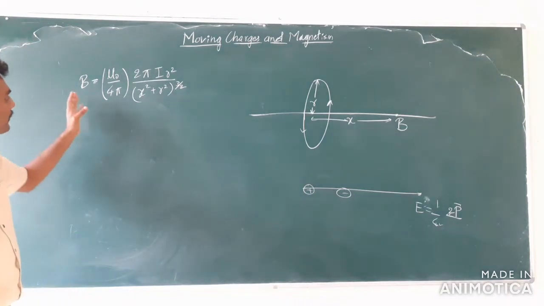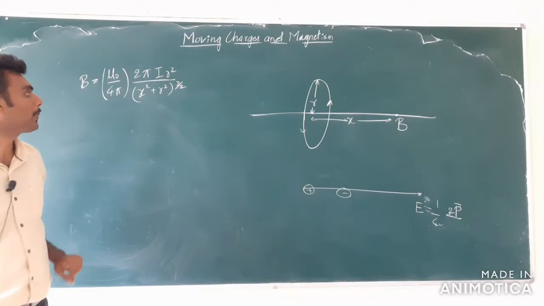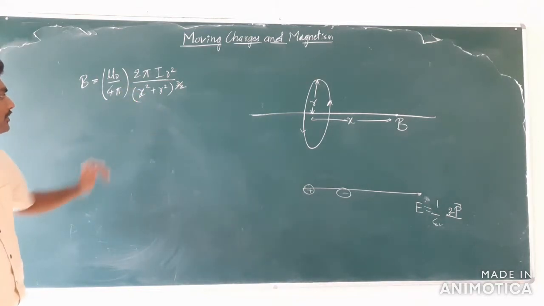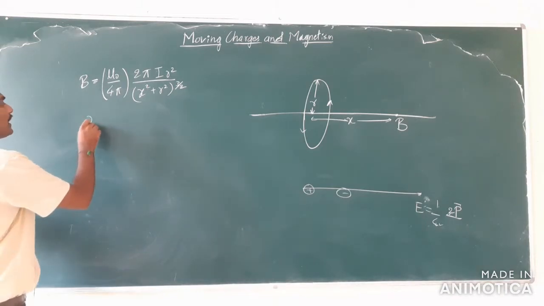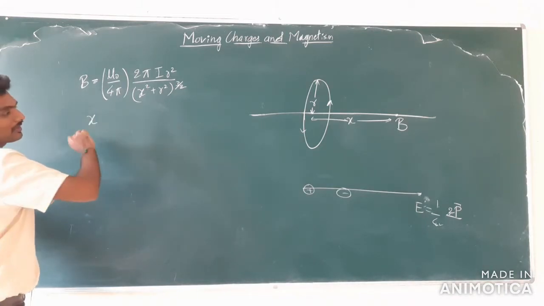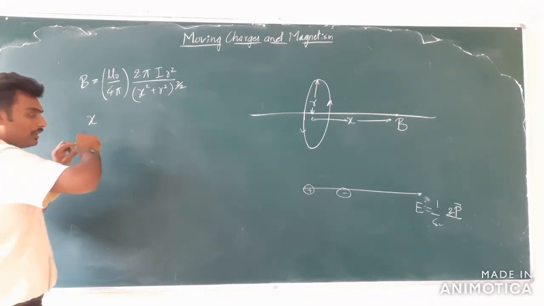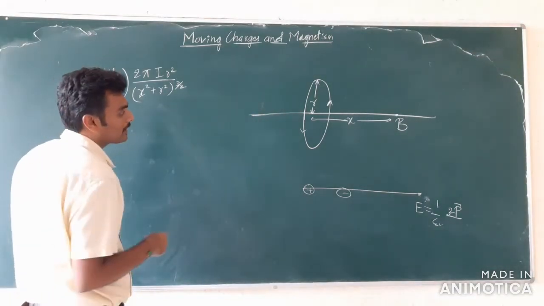Before I go for expressing B in terms of m, I would like to simplify this by considering a special case. The special case is as follows: I don't want to consider a small length of x, I want to move away from the magnetic dipole.